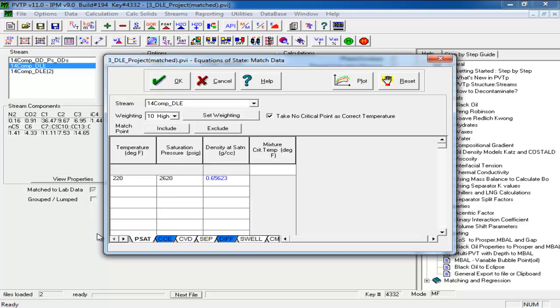When we use volume shift to correct the slope, how can we know that the right side, the gas side, is correct or not? Because we don't have any saturation data at that point. Here in volume shift, your equation of state is always able to describe this part without changing anything.